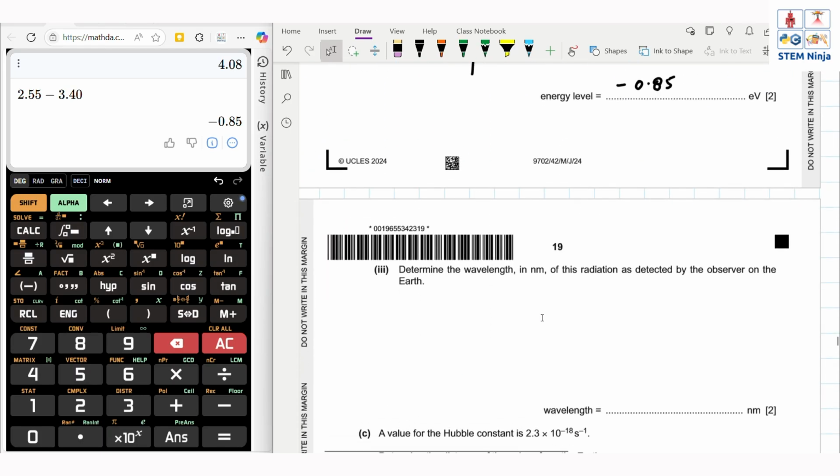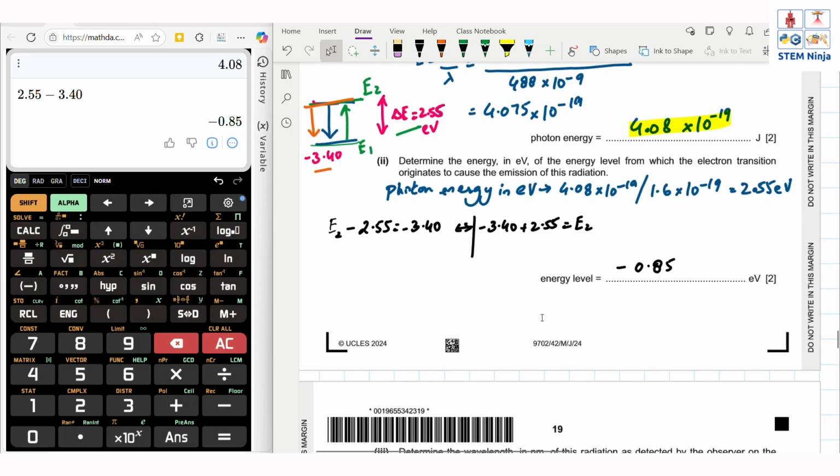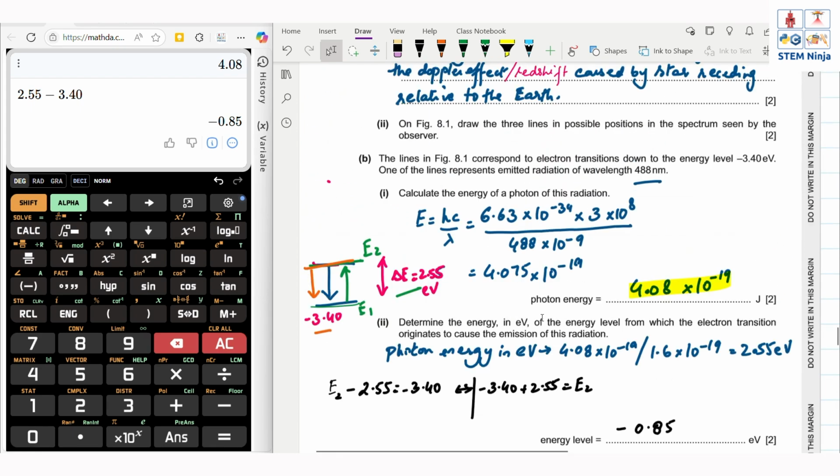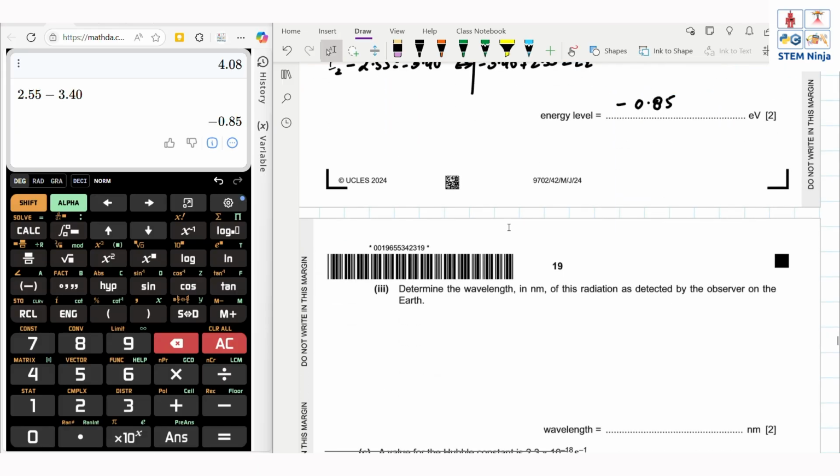Okay. Determine the wavelength in nanometer of this radiation as detected by the observer on the Earth. Okay, so what we need to figure out is the redshift, basically.